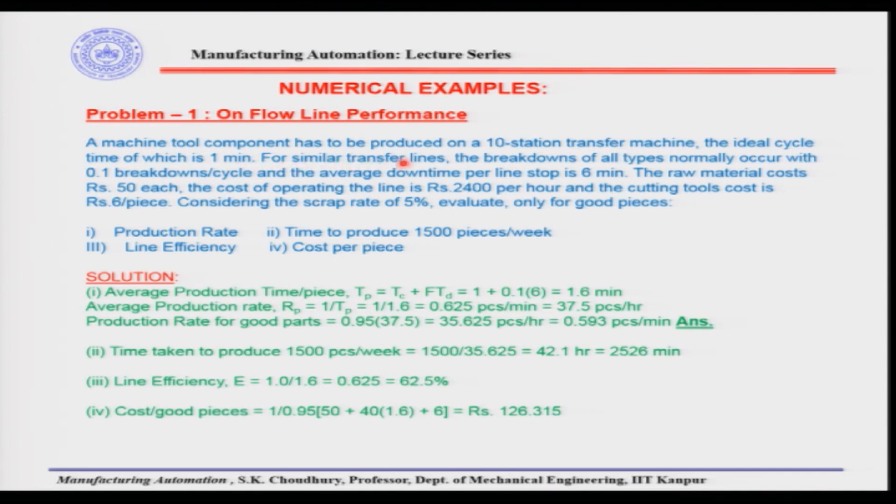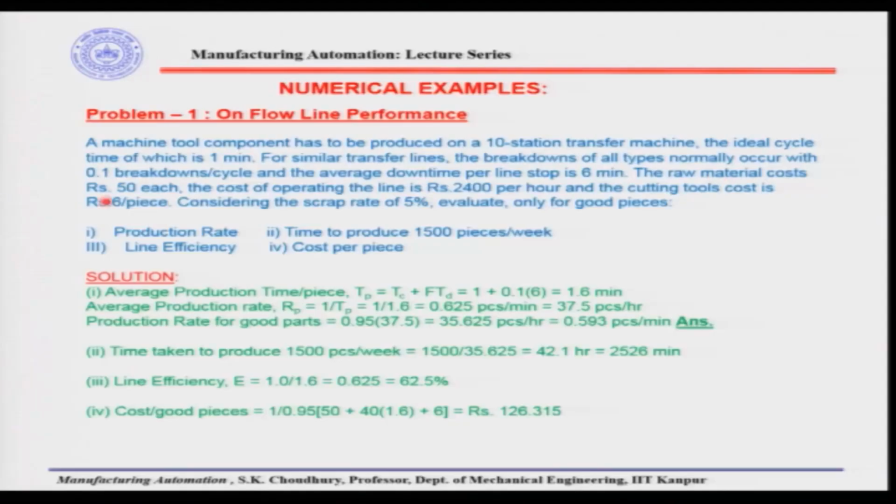For similar transfer lines, breakdowns of all types normally occur with 0.1 breakdowns per cycle, and the average downtime per line stop is 6 minutes. This is the Td, if you remember, the time taken for diagnosing the problem and rerunning the machine.